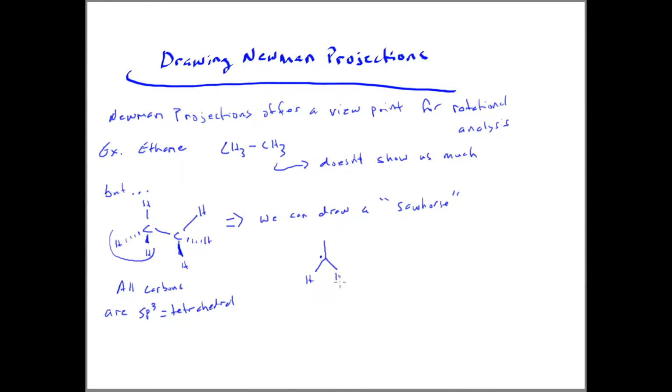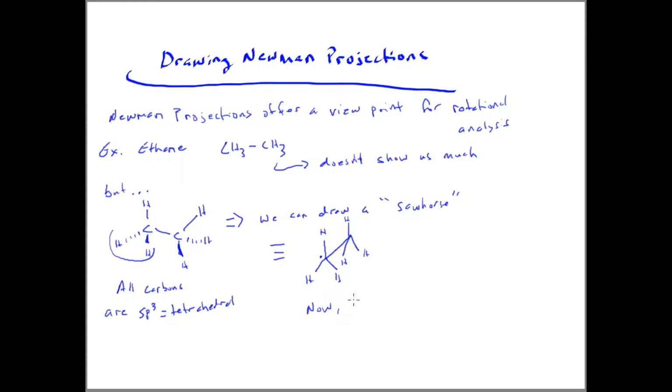I put the H there and the H here, connect it to the back carbon, and fill in the rest of the bonds. And what you see there is the sawhorse-looking structure.